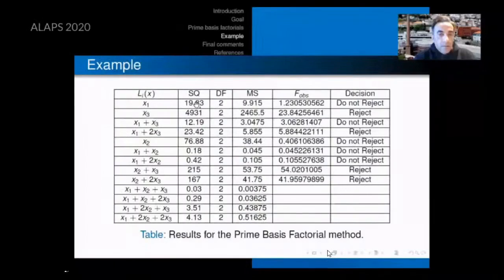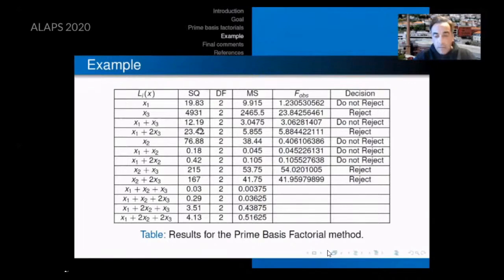If we want to obtain the sum of squares obtained by the ANOVA, by the usual techniques, we just have to consider, well, for the single factors, they are the same. If we have the interactions, we just have to sum, for example, interaction between factor 1 and factor 3.